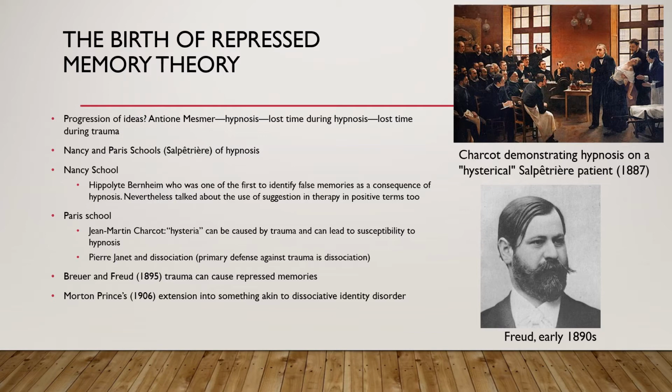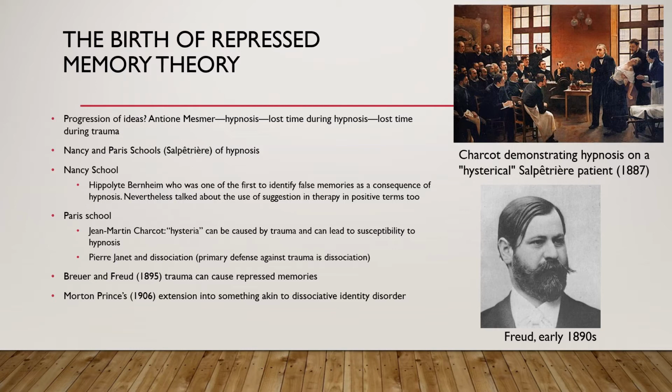Now, Morton Prince came along in 1906, publishing a book which involved a long case history of one person who had developed multiple personalities. And this idea of multiple personality disorder is now named dissociative identity disorder. So he used the ideas of Pierre Janet, the idea that trauma leads to dissociation, and he took it one step forward, again using anecdotes and case studies, not using experimentation or careful measurement.